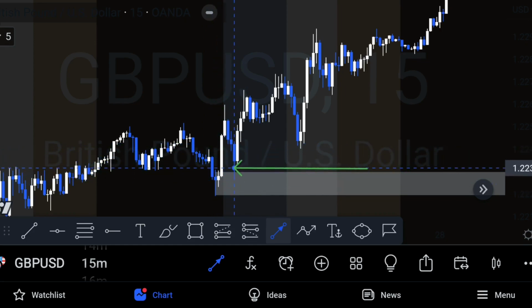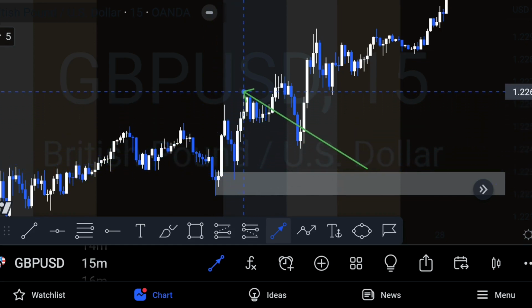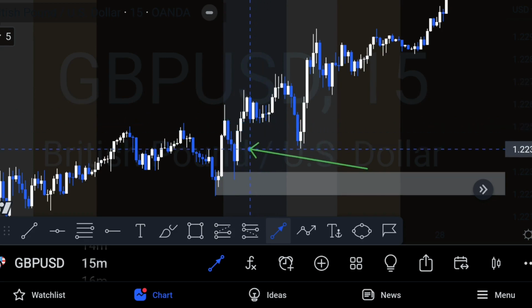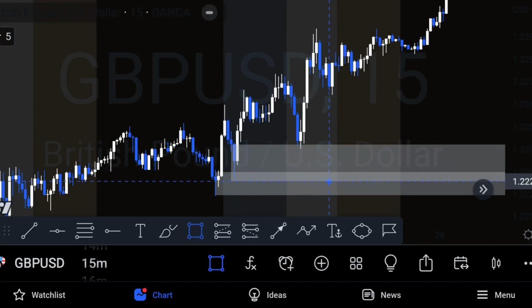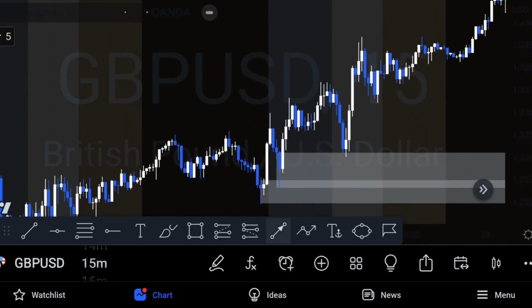Now we had another zone created when we had this move which broke structure again, and you can see price pulled back but did not make its way to the newly created zone here. So price pulled back, did not make its way to it, and pushed again, breaking structure, creating another demand zone.